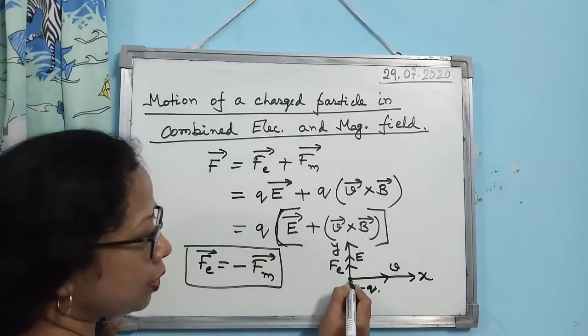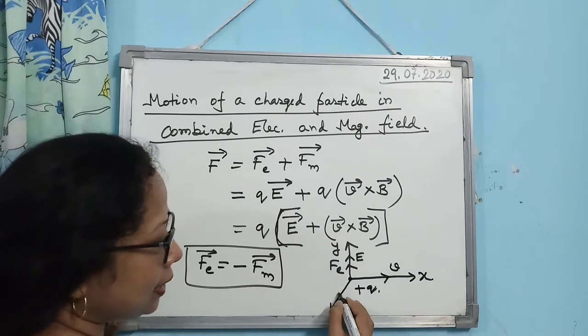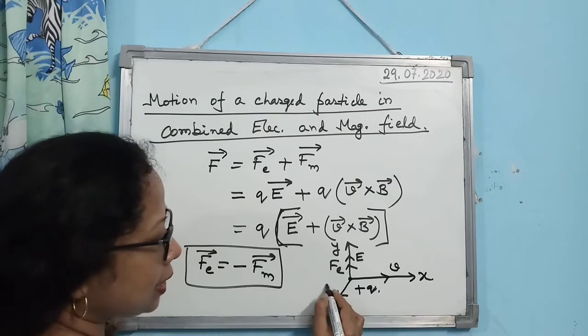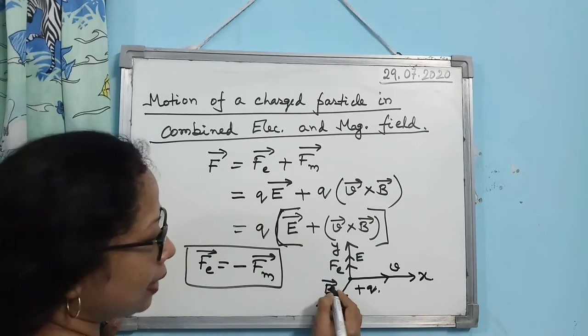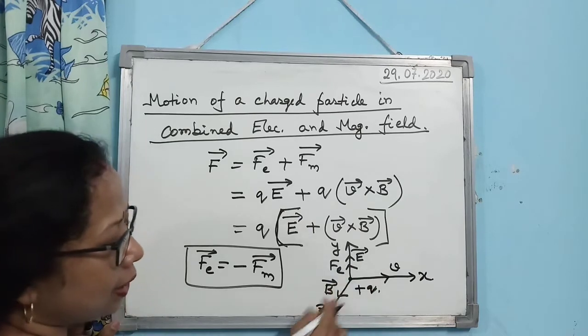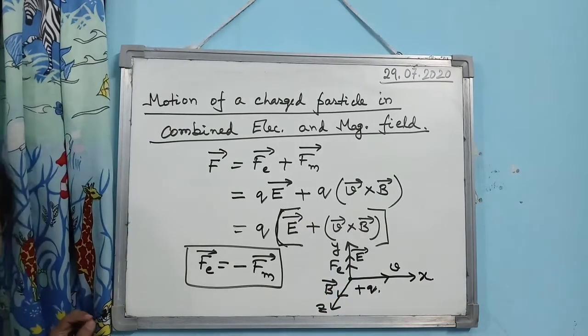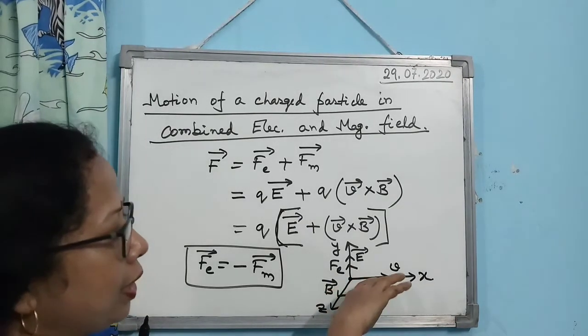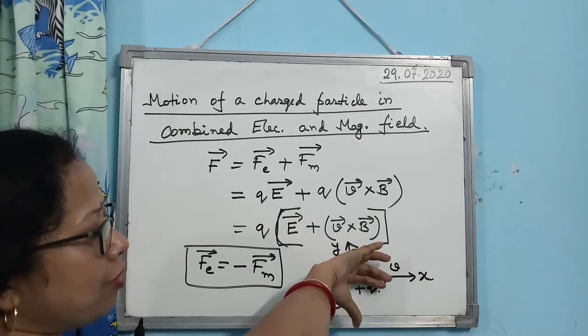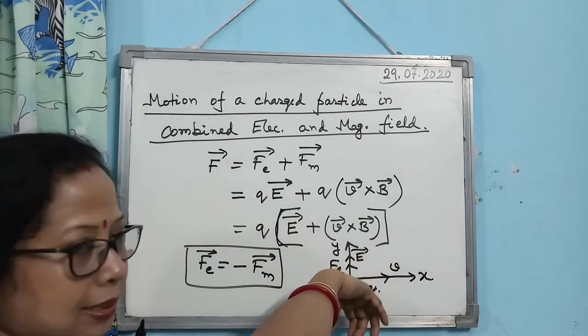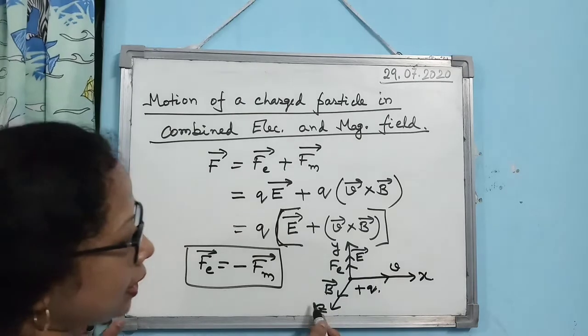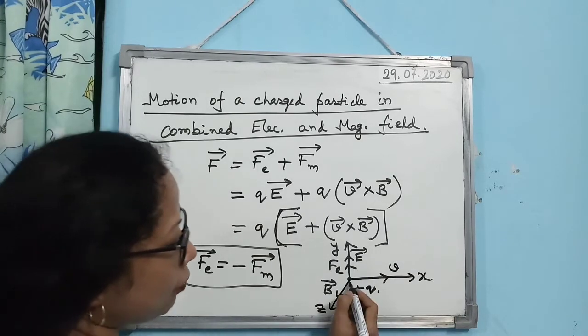Now suppose the magnetic field is along z-axis. In which direction is the magnetic field? Magnetic field is along z-axis. Now you see, if I apply V cross B, V to B like this, then in which direction will V cross B act?